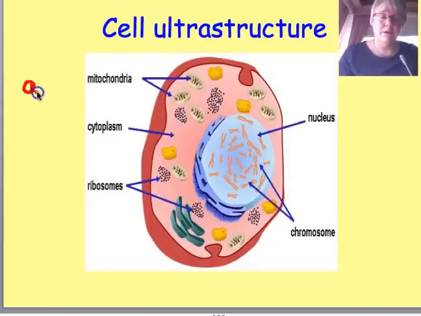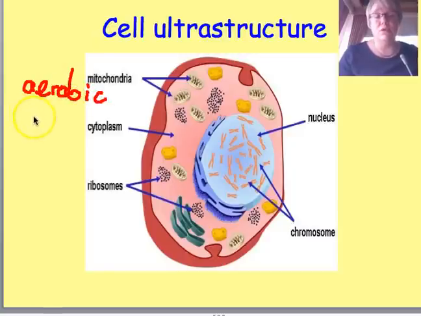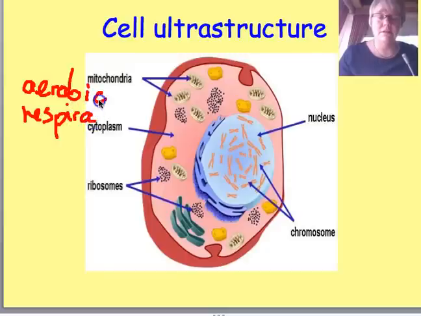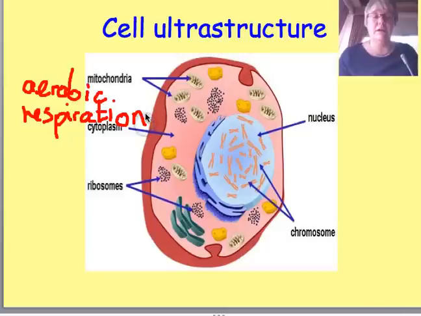So they're the place where one of the stages of respiration takes place, called aerobic. That is the part which needs oxygen. And that's your mitochondria. We'll look at these in more detail. Not very good at writing on this system here yet, so hopefully you can make that out.